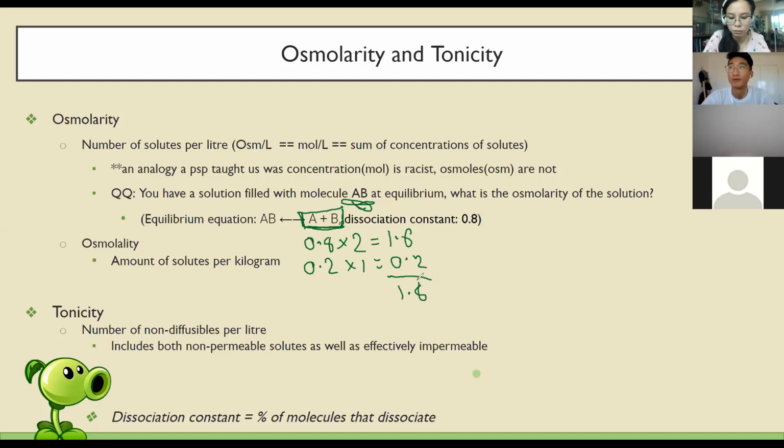So let's say we've got chlorine and sodium in the solution, and both of them have a concentration of 154 millimoles per liter. The overall osmolarity is 154 times 2 per liter. So osmolarity doesn't discriminate between what the ion is, whereas concentration really refers to something specific.